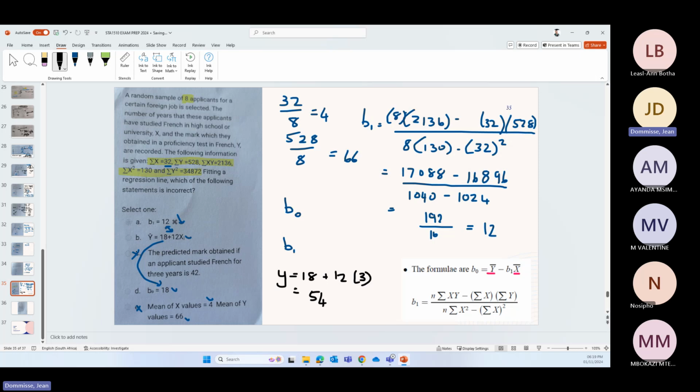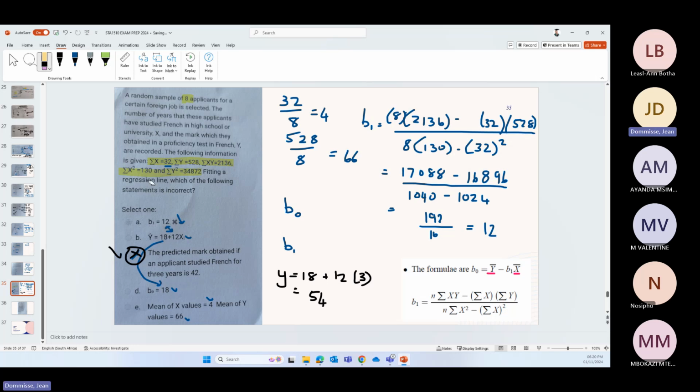So that is the incorrect one, which makes the others correct. So all of these other ones were correct. Okay, so use this formula. Again, a bit frustrating that there was another one that was incorrect.